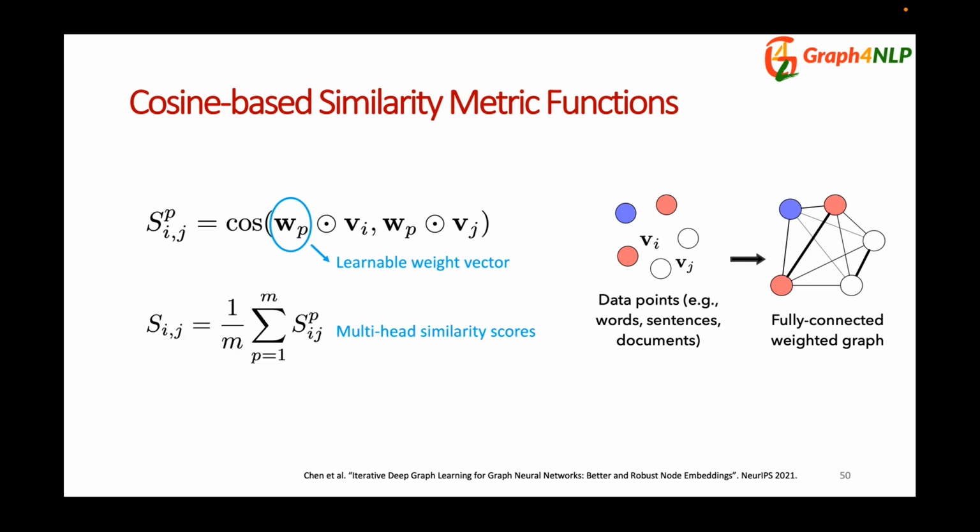Then we can average the multi-head similarity scores to increase the learning power of the metric. This strategy is similar to the idea of multi-head attention in transformer models, and it usually works pretty well in practice.